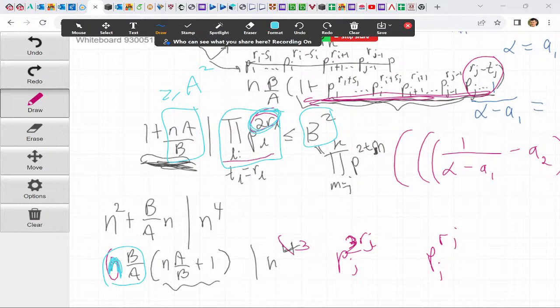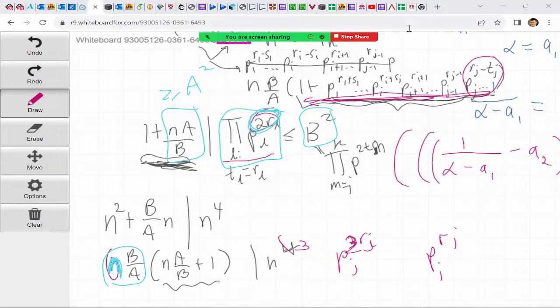They give you some T's. But how does it cancel all the way down to 2 from 3? Because there's the ones from N, right? And then there's the one from B. So there's two of those.